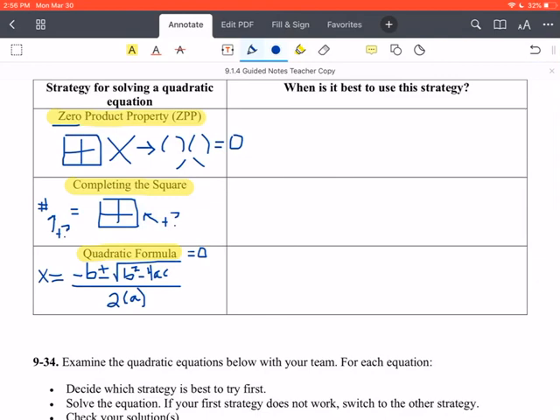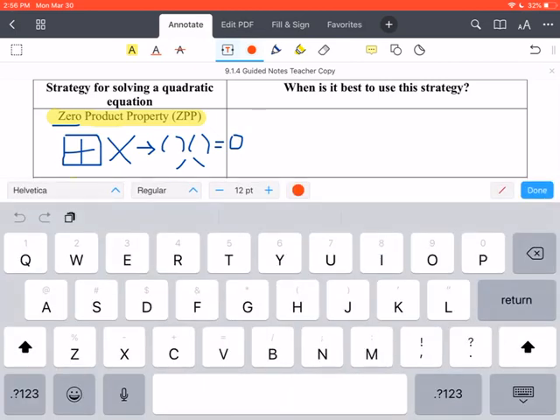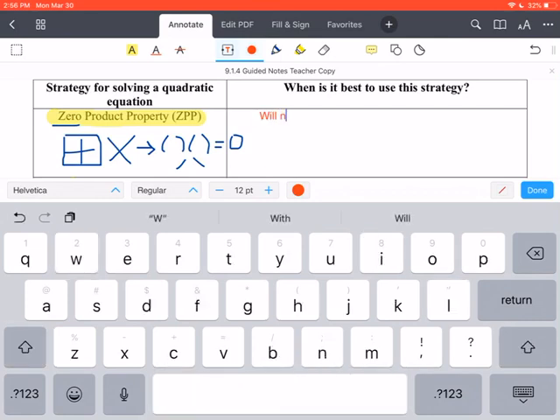Okay, so let's start with zero product property. This does not, first of all, work with all equations. I'm going to actually try to do a text box. Let's see how that works. Okay, so the first point that we need to make is this will not work for all equations.